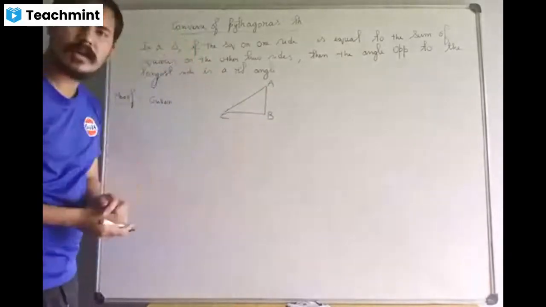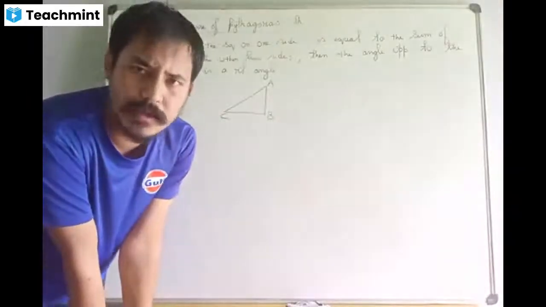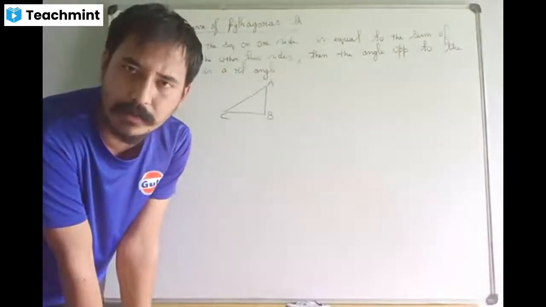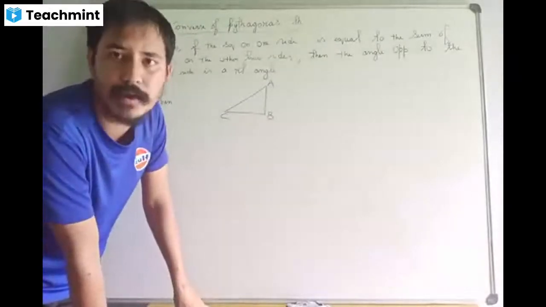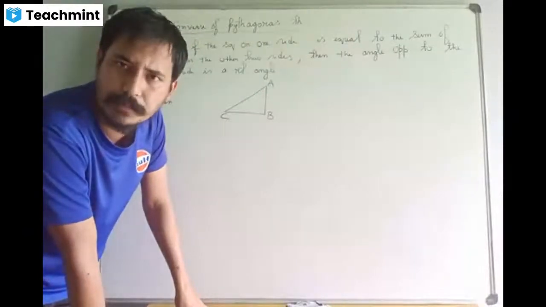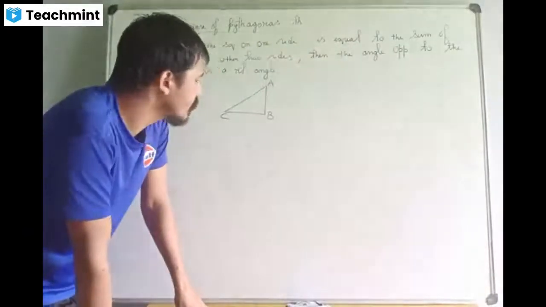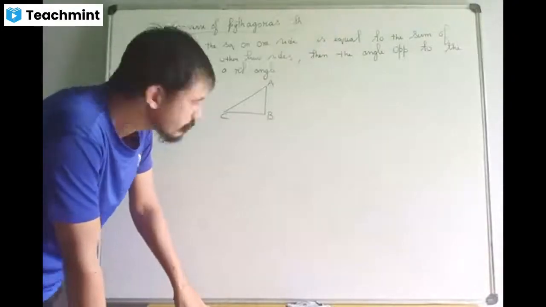What I have done here is I have drawn an ordinary triangle. I cannot say whether this is a right triangle or not, okay? We have just taken a random triangle. You could have drawn in any way you like.